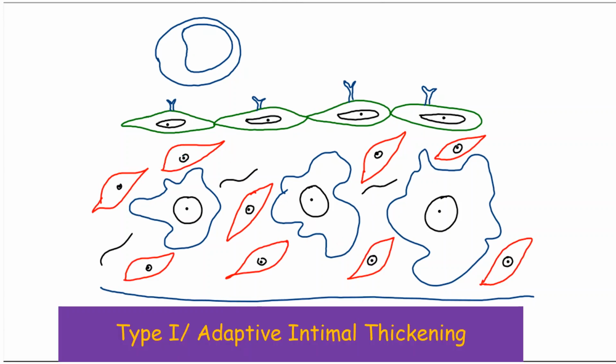The macrophages, together with the dysfunctional endothelium, release a variety of growth factors which stimulate division of the smooth muscle cells by mitosis. This leads to proliferation of these cells and thickening of the tunica intima. The lesion at this stage is known as a type 1 atherosclerotic lesion, also known as adaptive intimal thickening. Autopsy studies performed on fetuses have shown that this process happens in utero.